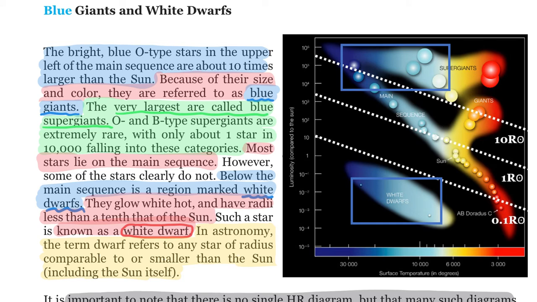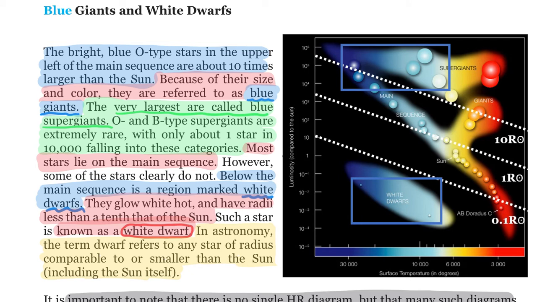Okay, now below the main sequence is called a region of white dwarfs, and they glow white hot, which is very hot. That's in the region of 10,000 plus Kelvin. But you can see within this white dwarf region, the universe is a very big place.